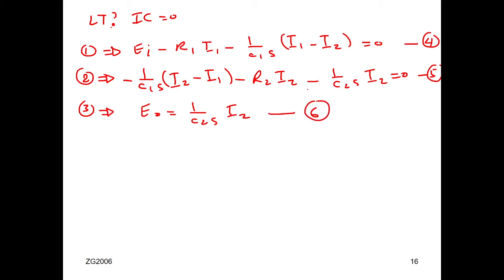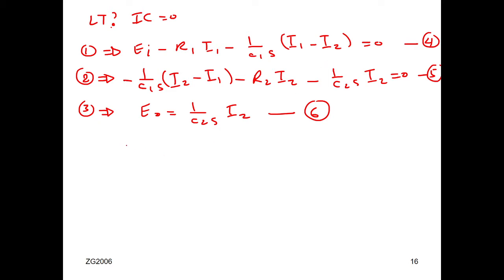Now what you're going to do, how many algebraic equations? We have 3 algebraic equations. How many variables or functions? We have 4. What are they? EI and E out, 2. I1 and I2, 4. Okay?